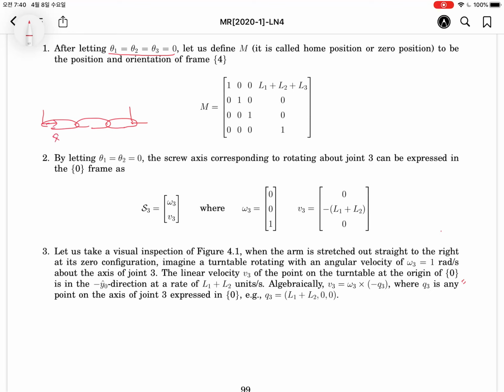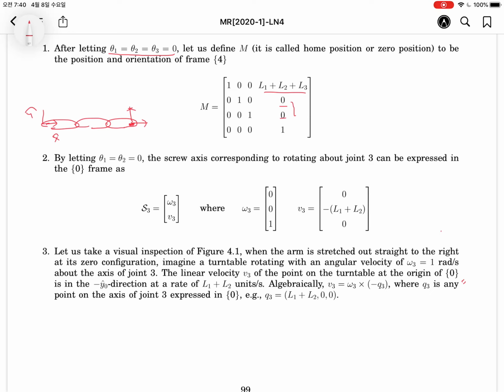As you can see, this is the x-axis, this is the y-axis. Let's find the position of the end effector frame. So the position will be L1 plus L2 plus L3 as the x component, and the y component will be 0. The z-axis value will be 0.